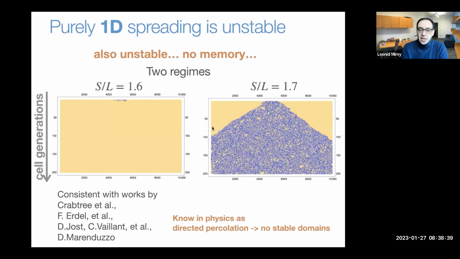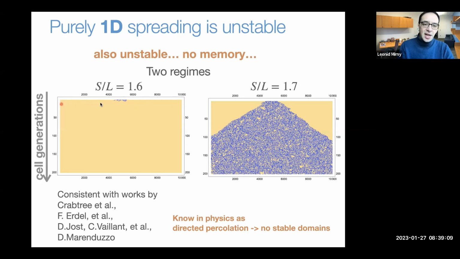First, the 1D case. This is again a well-known result. We just reconfirmed that in the 1D case, the critical parameter is the ratio of the spreading rate and the loss rate. And unfortunately, this system cannot maintain stability. If you impose some marks and then follow this system for many cell generations, and I will keep showing this diagram, one line in this diagram is one cell generation, or one moment in time.